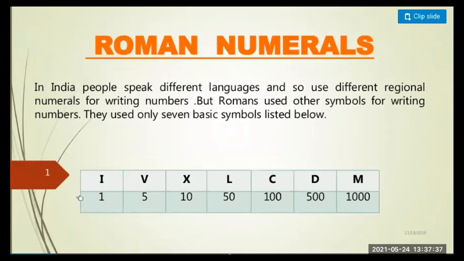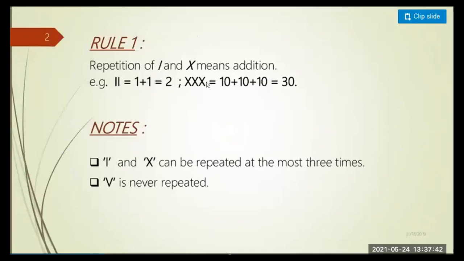In the previous slide we have seen I means 1, and here the first rule says that repetition of I and X means addition. That means if this I repeats 2 times, it's adding that one particular number 2 times. So here II is there. One I value we know is 1, and another I value is again 1. That means 1 plus 1 is 2.